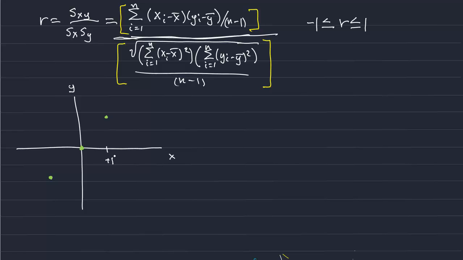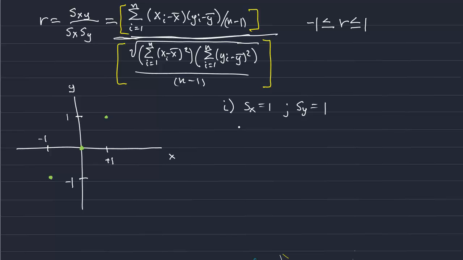So X and Y go between -1 and plus 1. In this case, S_X, the standard deviation of X, is equal to 1. The standard deviation of Y is also equal to 1.